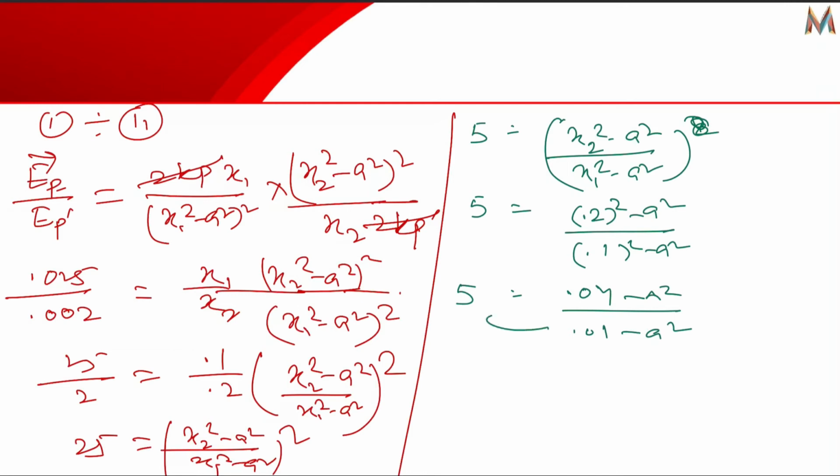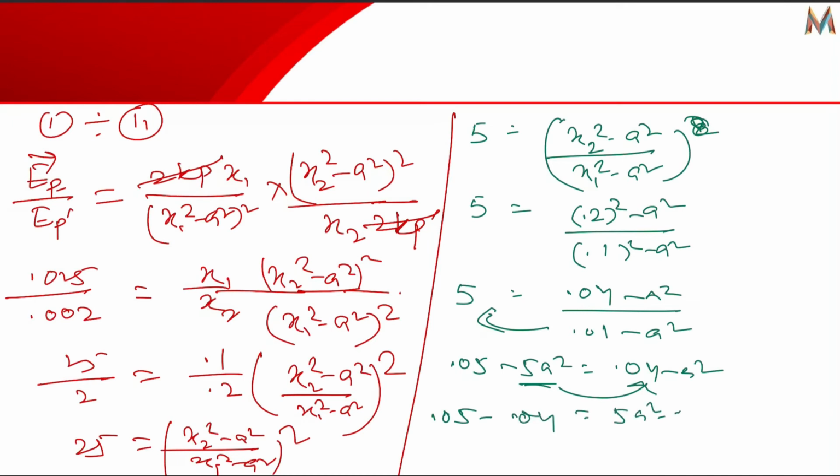So if we take this to this side, then this becomes 0.05 minus 5a square equals to 0.04 minus a square. Now if we take this to this side, then we can write 0.05 minus 0.04 equals to 5a square minus a square. 0.05 minus 0.04, that means this will become 0.01. 0.01 equals to 4a square.